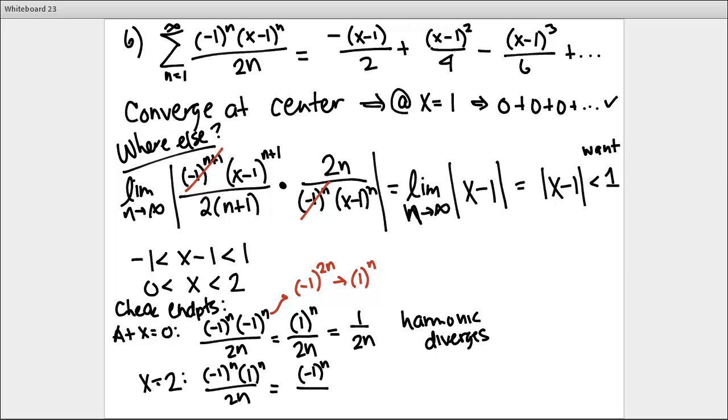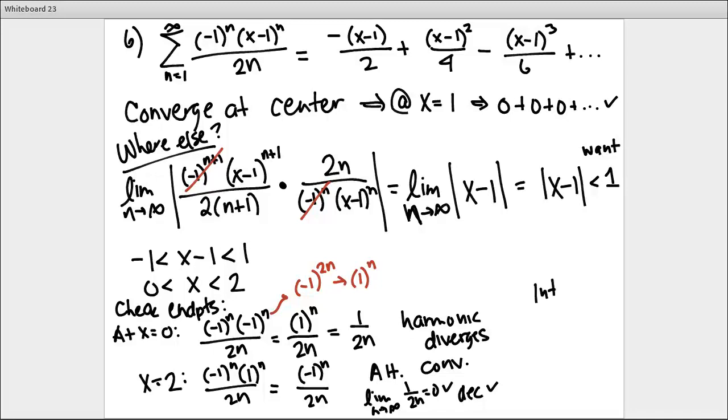And that leaves you with (-1) to the nth power over 2n, which is an alternating series, 1/2 times the alternating harmonic series, which definitely converges. The limit as n goes to infinity of 1 over 2n is 0. Yes, the terms are decreasing, and so this converges by the alternating series test.